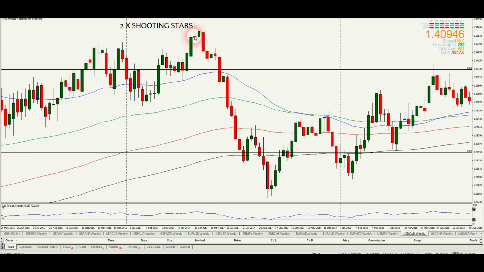Again, the bulls have pushed the price up here, the bears have rejected it, the bulls have had another go, pushed the price up here, the bears have stepped in, pushed the price down, and on the open of this candle the price has just plummeted, and that's again hundreds of pips there to go at. So those are your shooting stars. I'm now going to take a quick look at hanging men to tell you what those are all about.